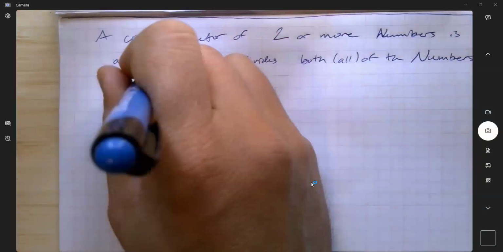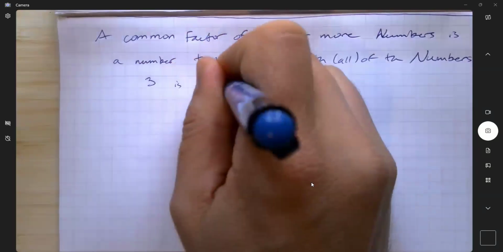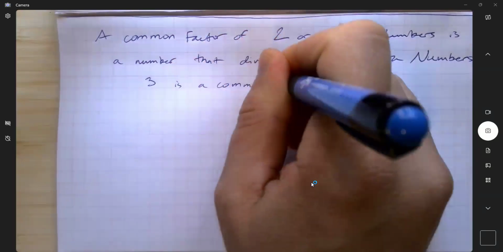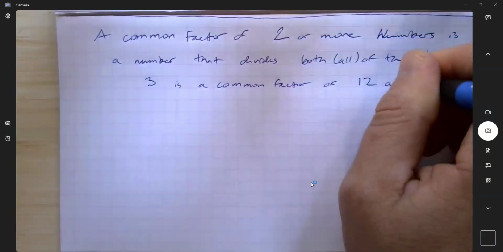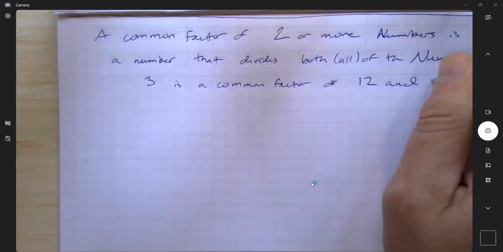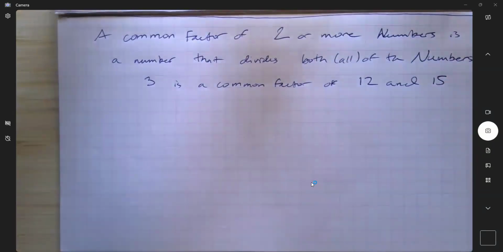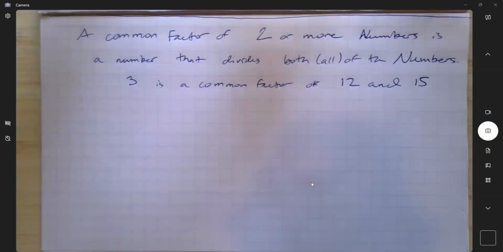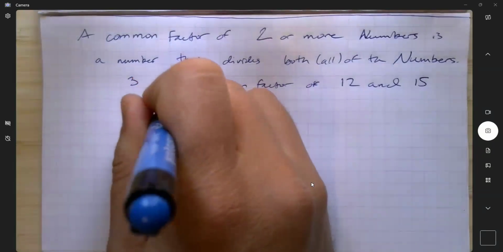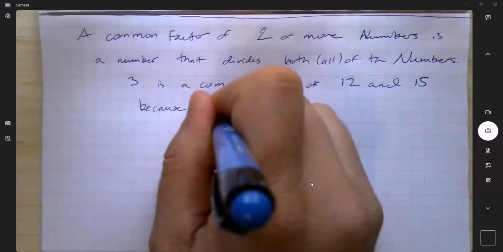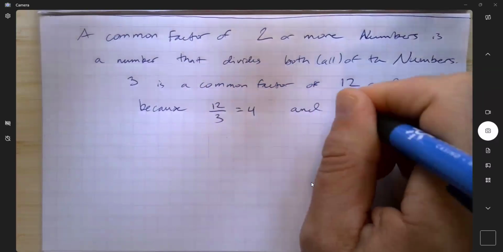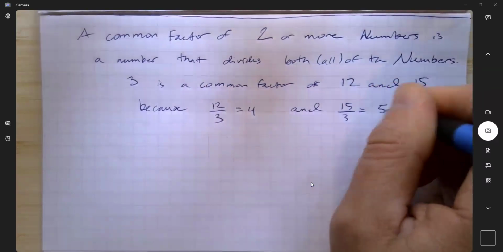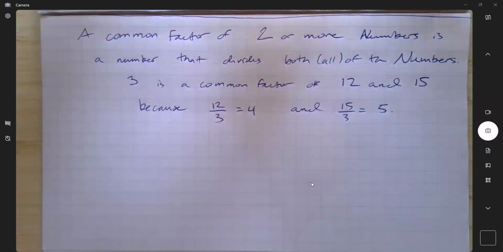So for example, 3 is a common factor of 12 and 15 because 12 is divided by 3 and 15 can be divided by 3. So it's a common factor.